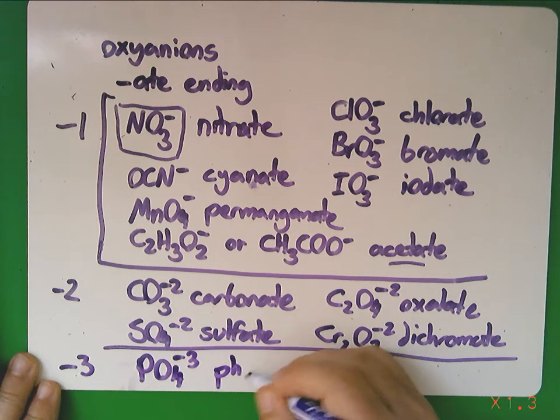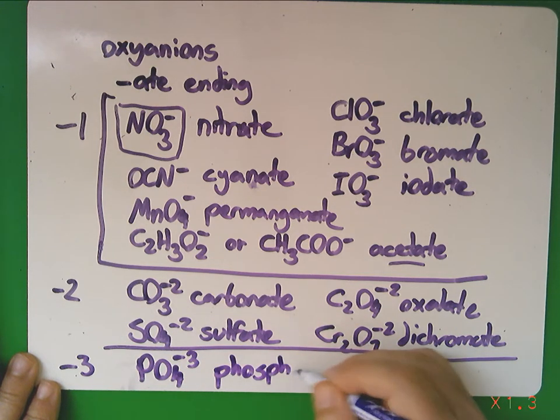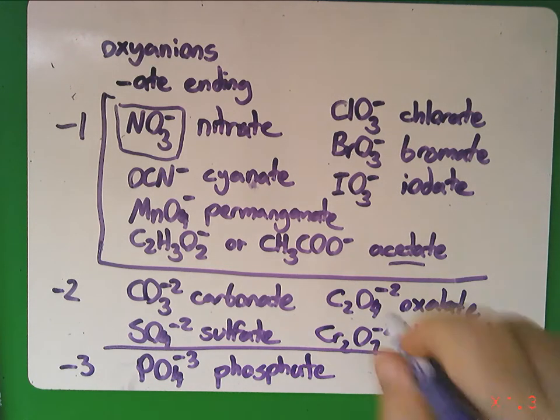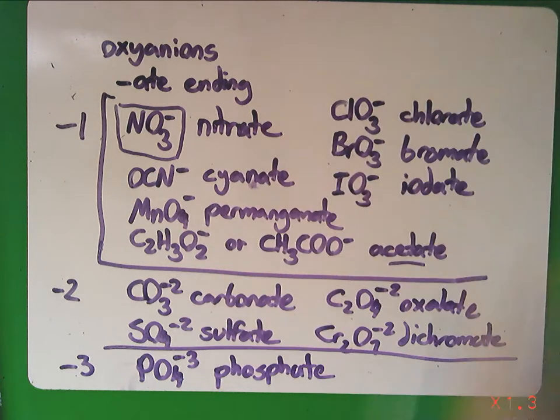That's phosphate. Extremely important biologically. PO4 -3. So if you memorize this list, you're going to know most of the oxyanions that you need to know. In the next video, I'll show you how to write down other ions from the formulas of these.